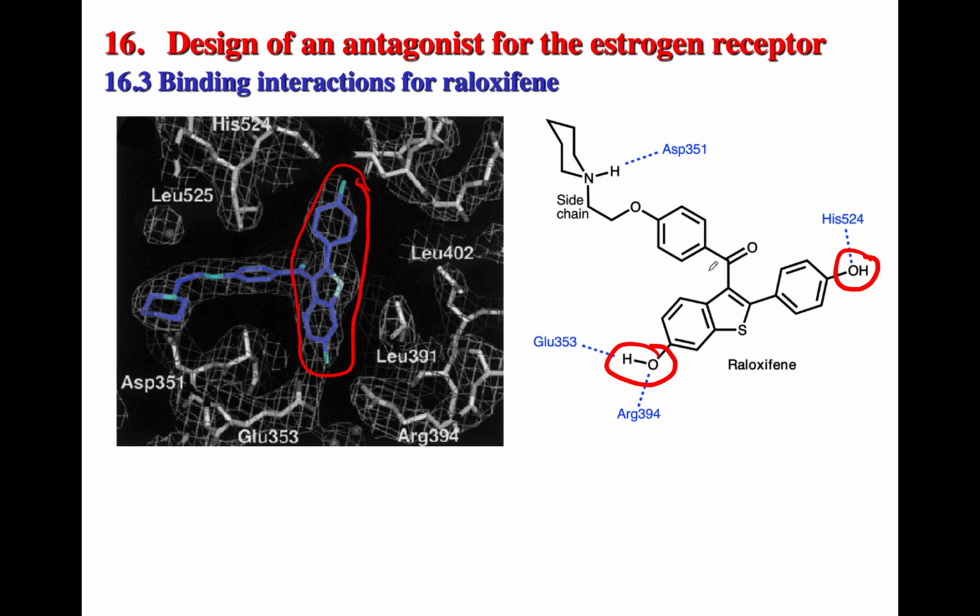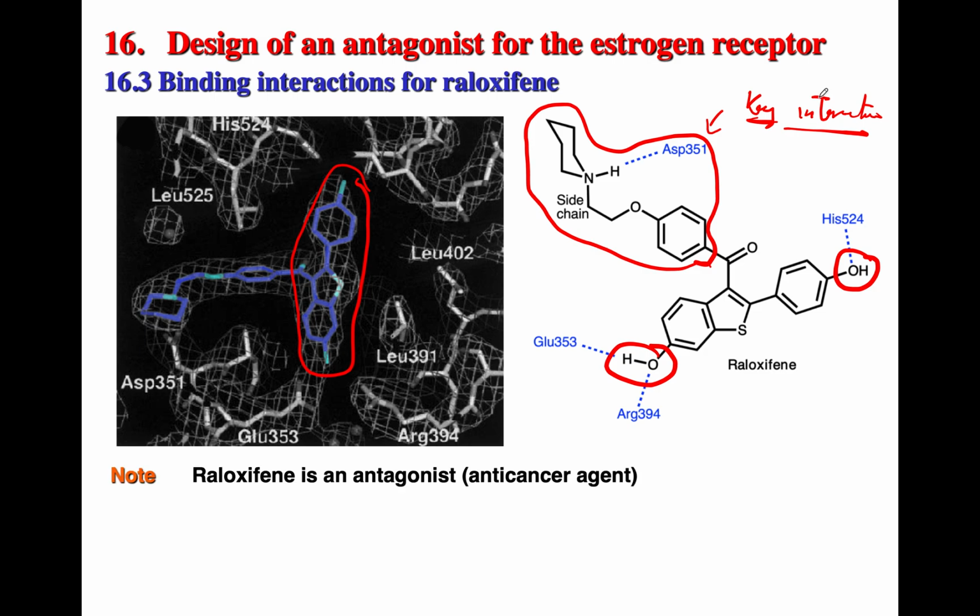However, raloxifene has a side chain that estradiol does not, and that side chain is going to be able to interact here with aspartic acid 351. And that key interaction is what's going to allow this molecule to have its antagonistic activity. So raloxifene is going to be an antagonist.